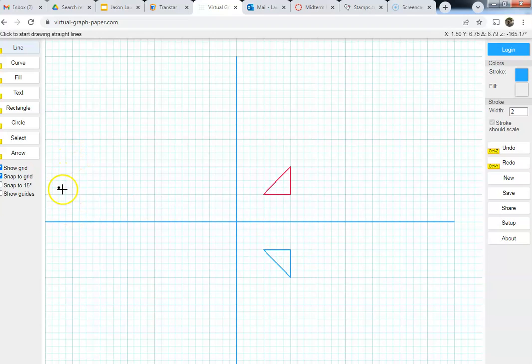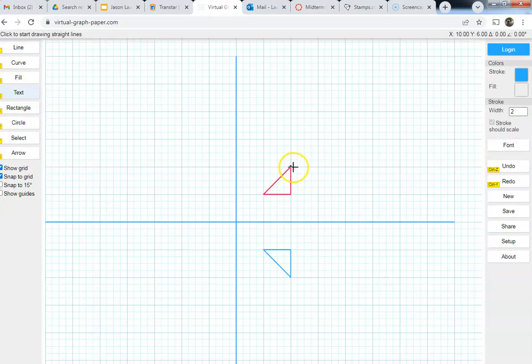So look at our rule. So our original here, we've got 8 and 8, so we've got 8 for the x value, 8 for the y value. And then we've got 8 and 4.